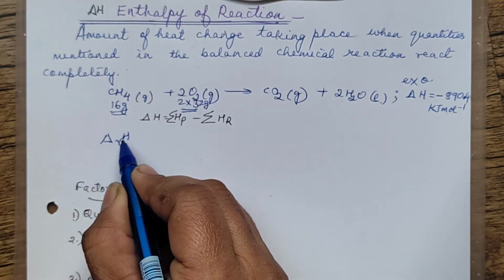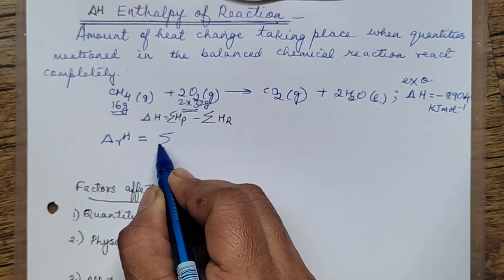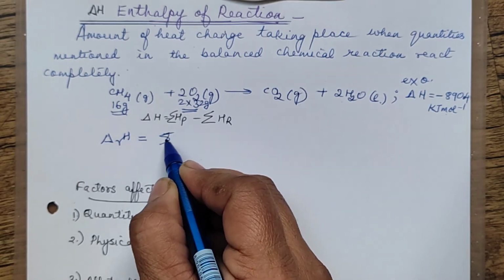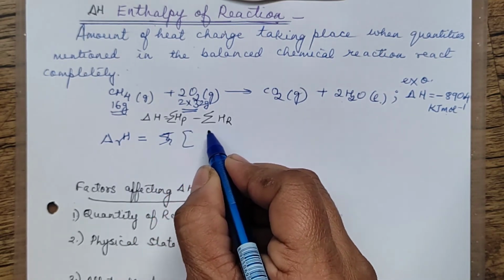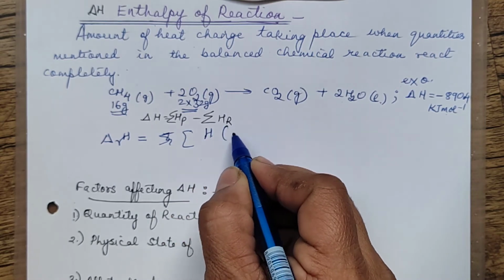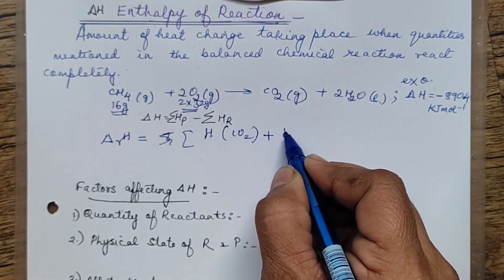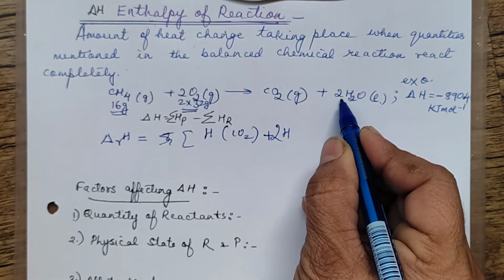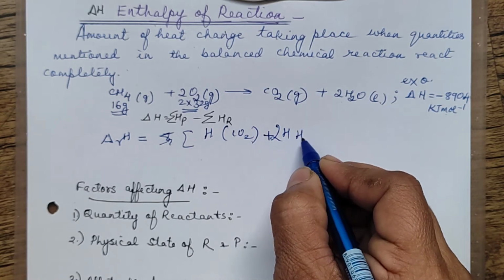Delta is change, enthalpy, and R here stands for the reaction. That is equal to the sum of the products. So we can write the enthalpy for carbon dioxide, which is in the gaseous state, plus twice the enthalpy for the water molecule, because 2 moles are given.